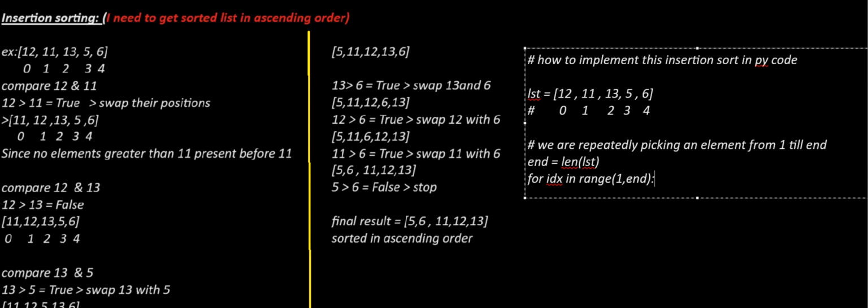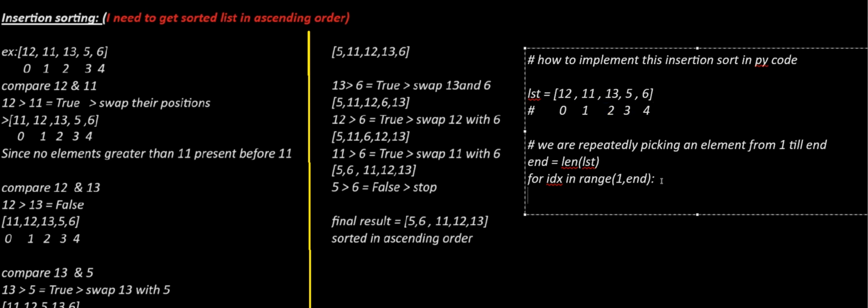So I want to move from the first index till the end index. And in that, I'm comparing the current index value with the previous index value. First, in the starting, I compared 12 and 11. So how do we get it?